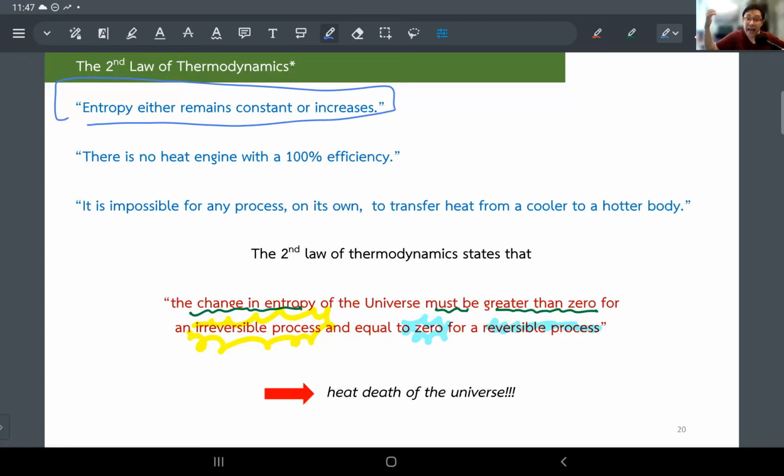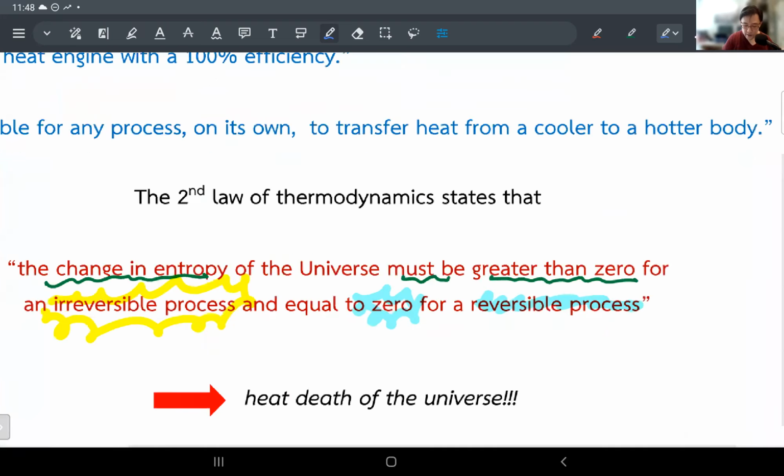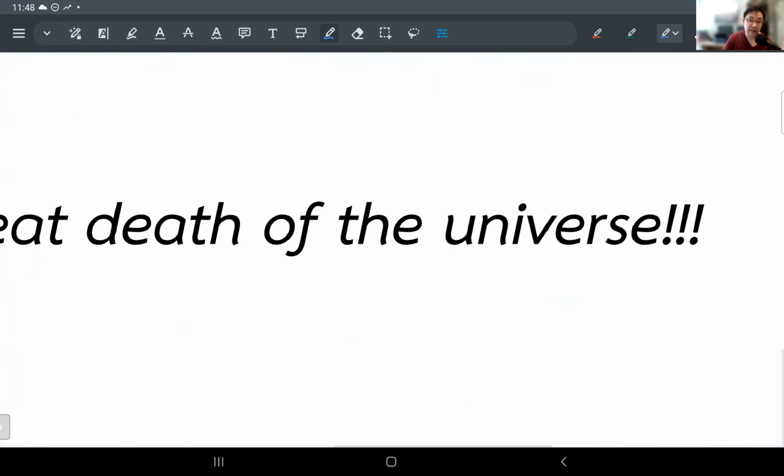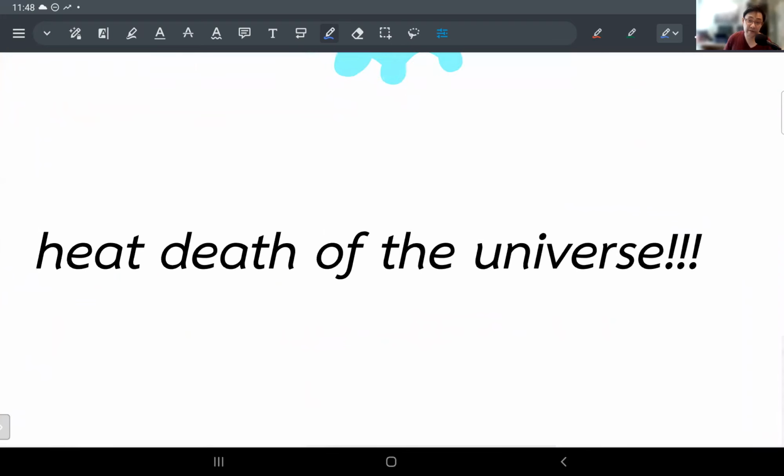But at the end of the universe, everything is supposed to be uniform, and that is the heat death of the universe. At the end of time, there will be no more heat, because the temperature everywhere in the universe will be uniform, the same temperature, no more energy flow. And that's the conclusion of this part.